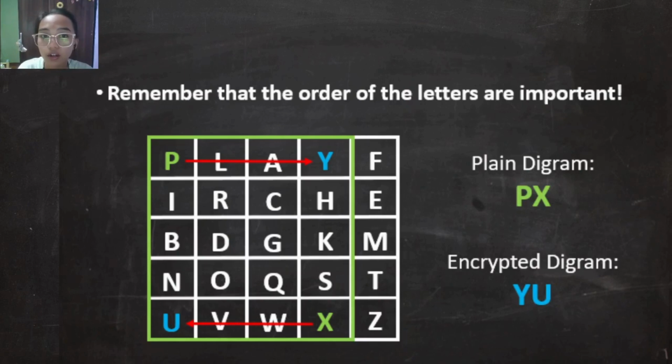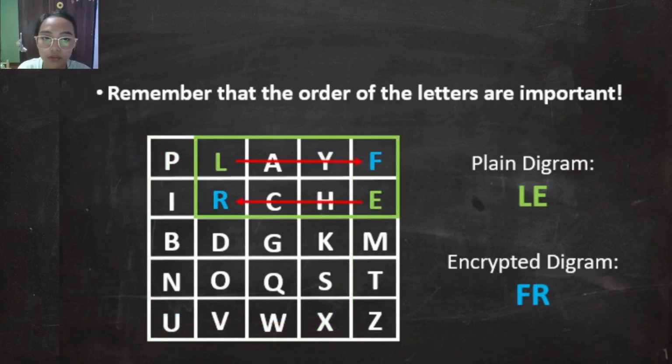So order of the letters is important. So you can't have the plain digraph be PX and the encrypted digraph be UY. It would be YU since you have to follow the order. So we have the digraph LE becomes encrypted into FR.